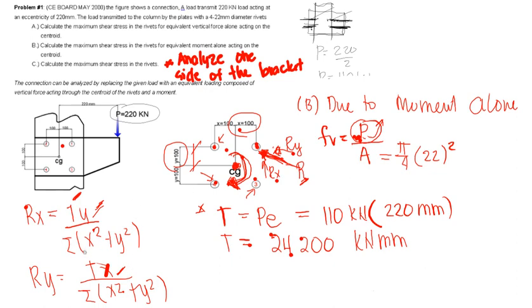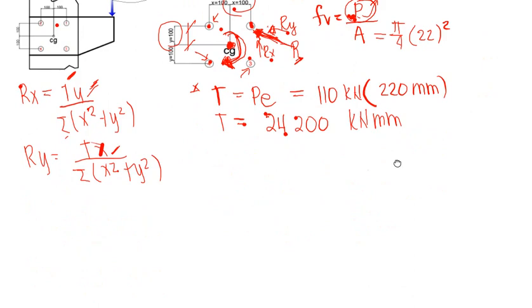And then, kailangan natin kunin yung summation of x squared plus y squared for us to solve yung ating rx and ry. So, to solve for the summation x squared plus y squared, kailangan natin kunin yung summation niya doon sa may centroid. So, yung x natin is 100 doon sa may centroid.